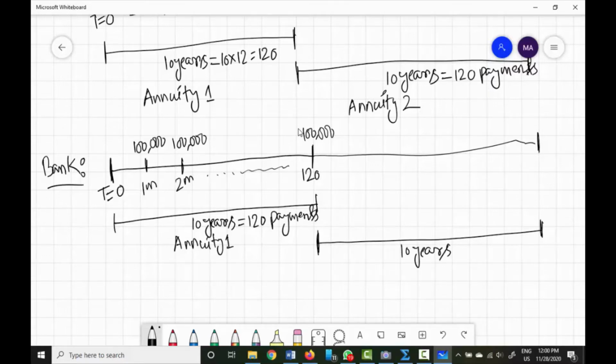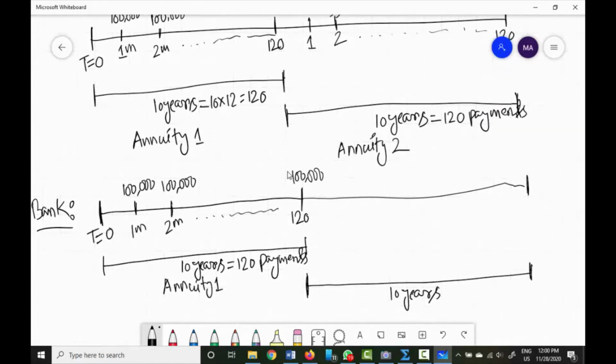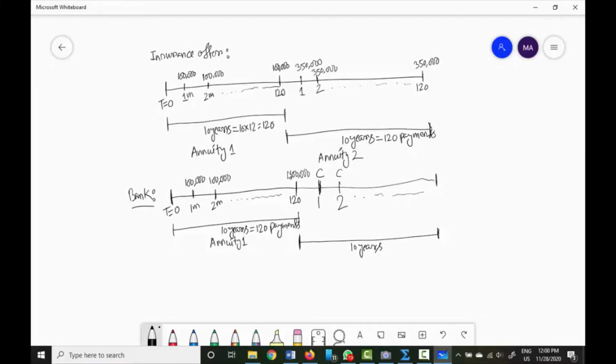Same as with the insurance company, we need to find out how much the bank will give us for the following 10 years. Here the insurance company will give us 350,000 taka at the end of every month for the following 10 years.